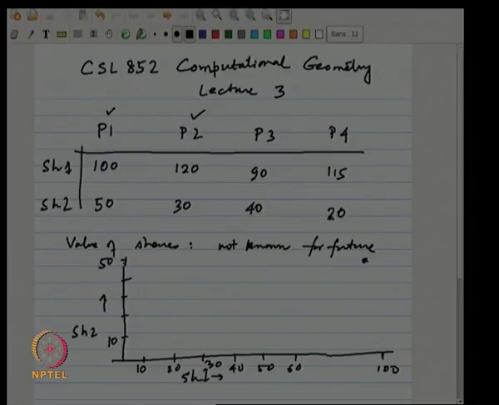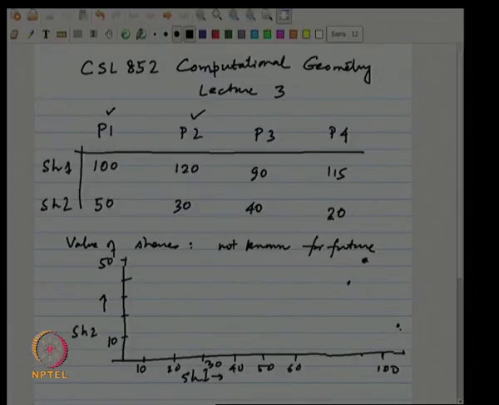Person 2 has let us say x coordinate 120 and y coordinate 30. So, somewhere here. Person P3 has 90 as x coordinate and 40, so it will be somewhere here. P4 has 115 and only 20. Just a moment, no, I am sorry, this was incorrect, that was 30.